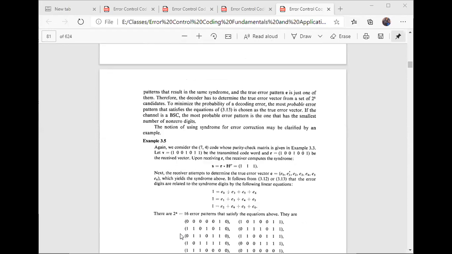Just you have to decode that. Actually, they mentioned that 1001011 is the transmitted and received is 1001001.